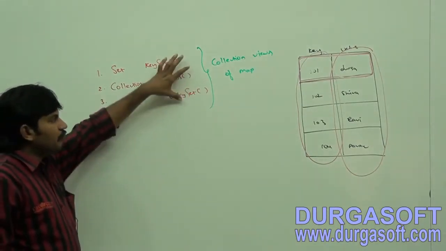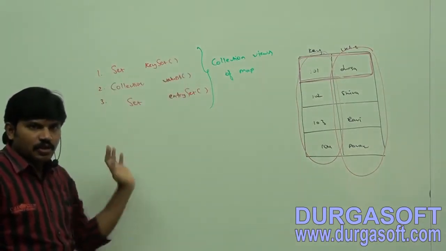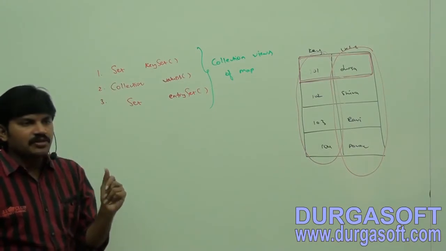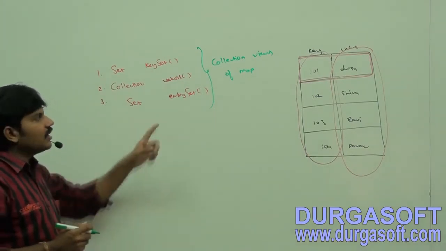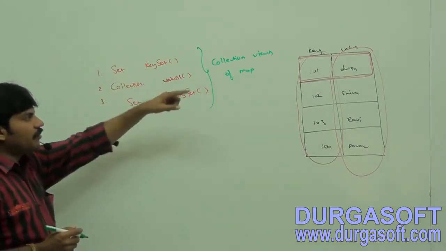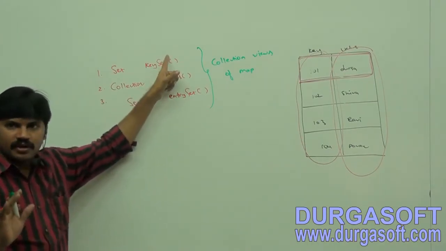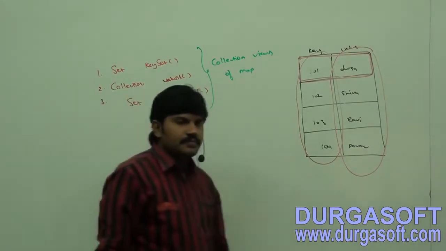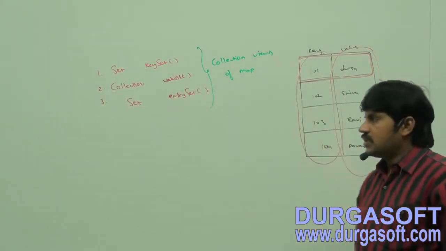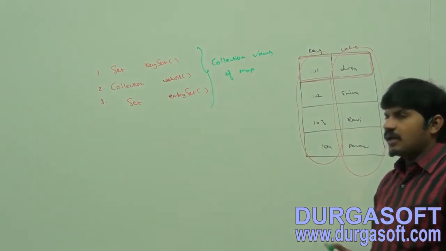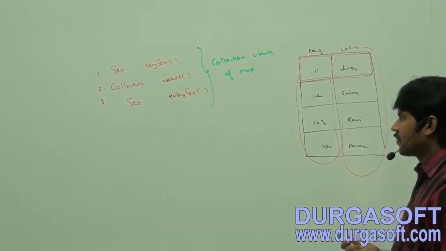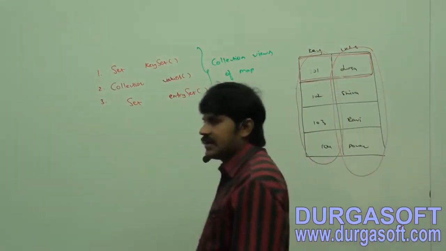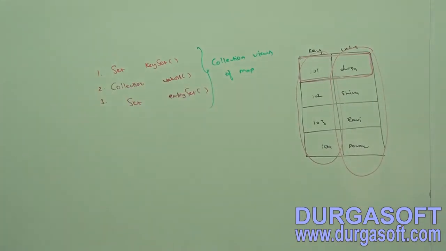We are viewing the map in the form of collections: only keys, only values, or only entries. That is what collection views of map means. Are you able to understand? keySet, Collection values, Set entrySet.